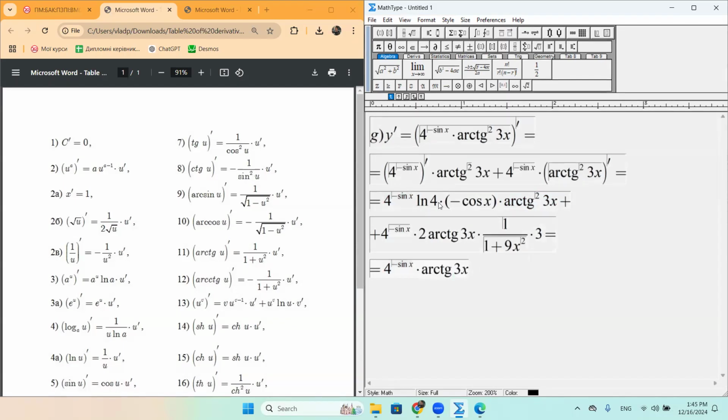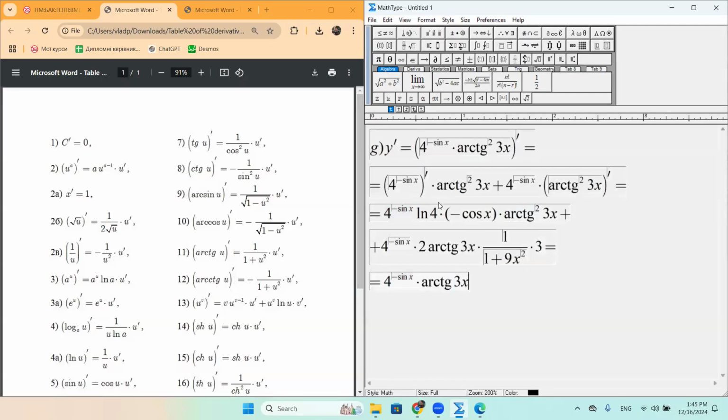And now we will have an expression in brackets. So what remains here? Logarithm of 4 minus logarithm of 4 multiplied by cosine of x and by arctangent of 3x.